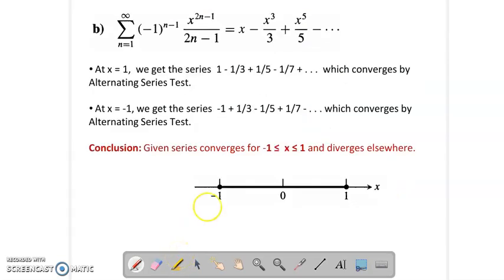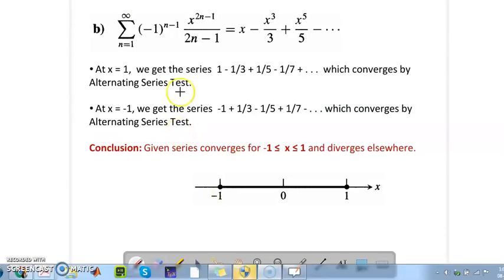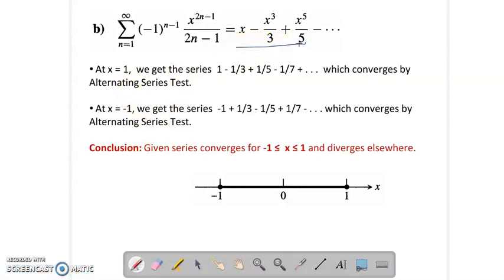What if x square is equals to 1? So again, consider the two cases when x is equals to 1 and x is equals to minus 1. So at x is equals to 1, the series is an alternating series, and you can use the alternating series test and conclude the convergence of this series.